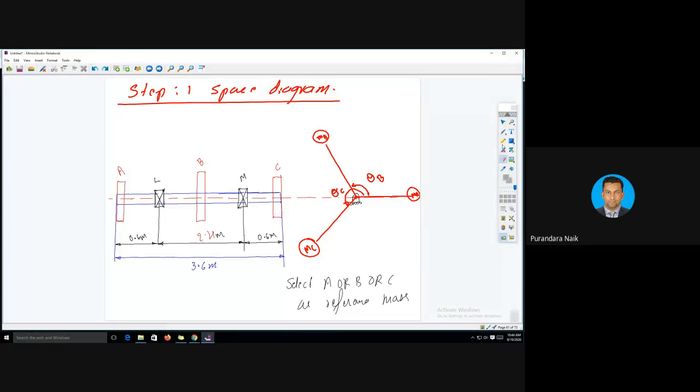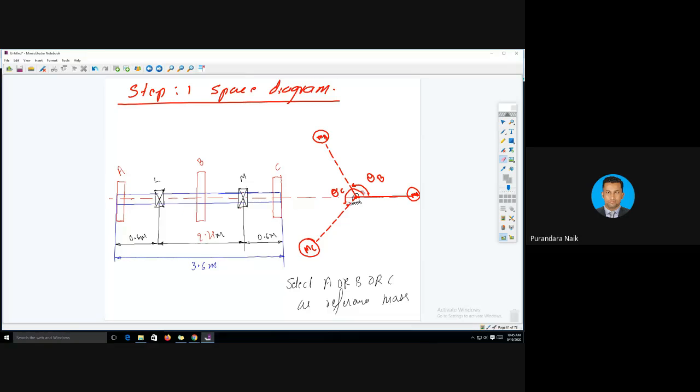Why dotted line? Because we don't know the angle. But I know the mass, so no need to shade it. Only the line is dotted because the angle is unknown. That's all, the space diagram.